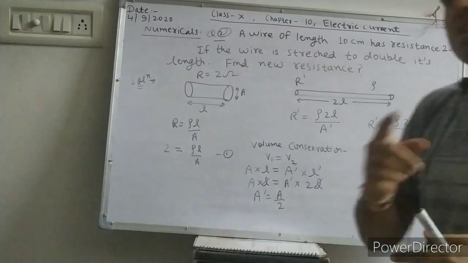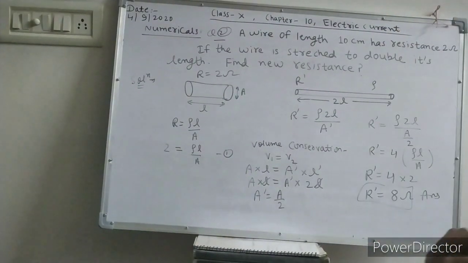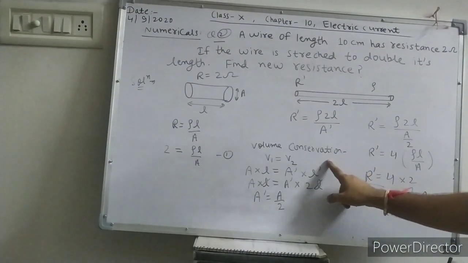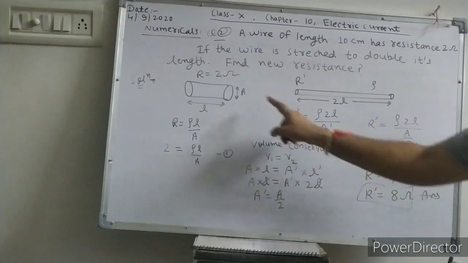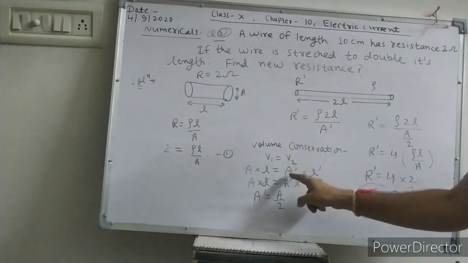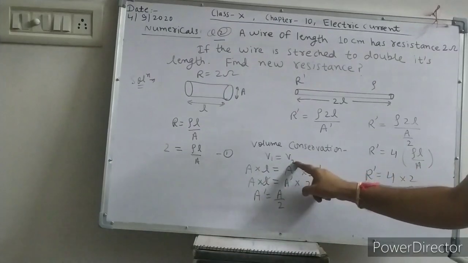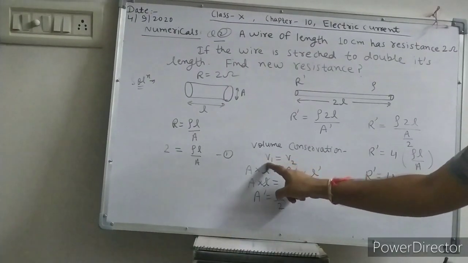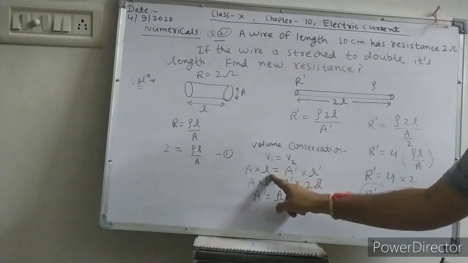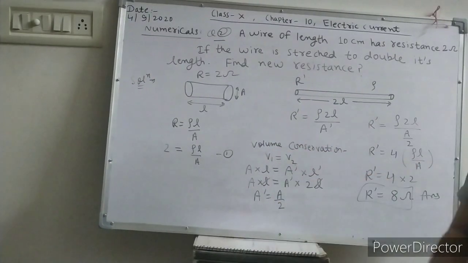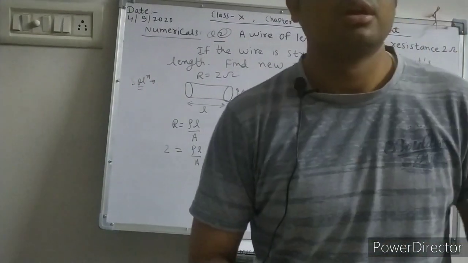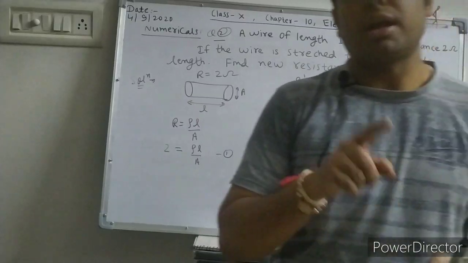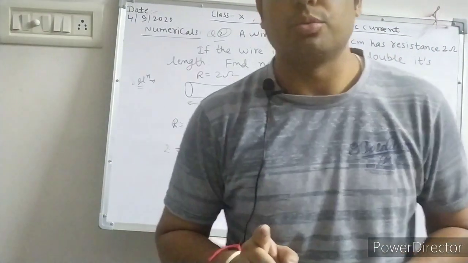But we can also find it another way. How? By applying volume conservation. Volume conservation means the volume of these two wires will be the same. V1 equals V2. Volume equals area multiplied by length.